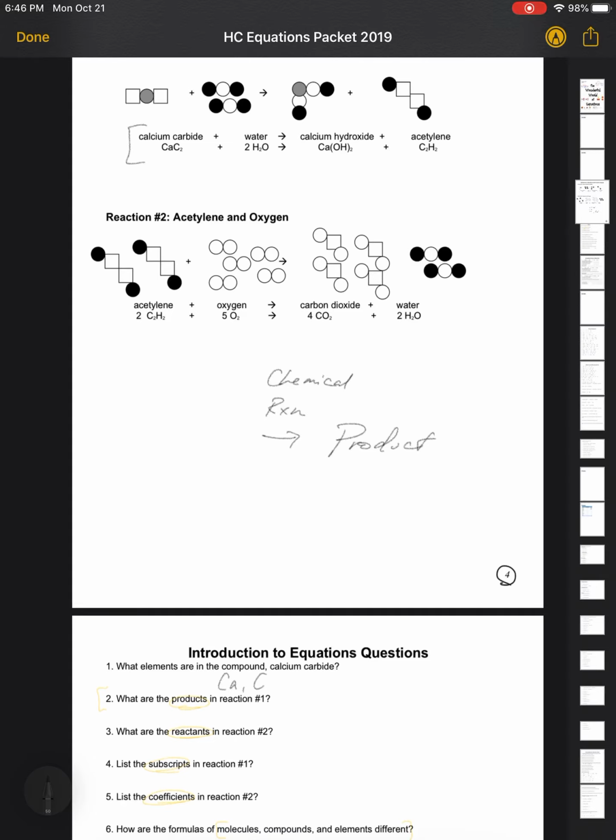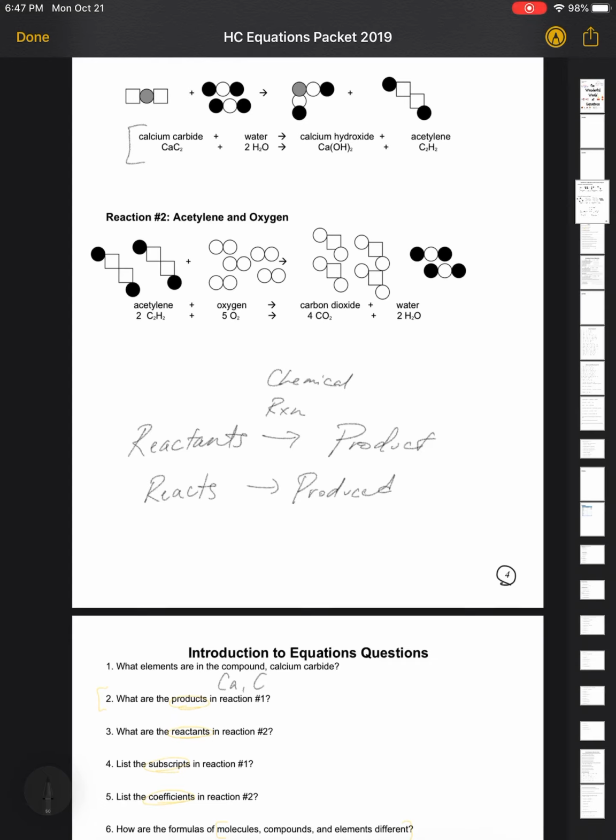We're not just going to have a single arrow, and we'll get to that later on. But we're going to have our products on the right side, and therefore our reactants, as it's another term we have to know, are going to be on our left. And so, in other words, we get what reacts turning into what is produced.